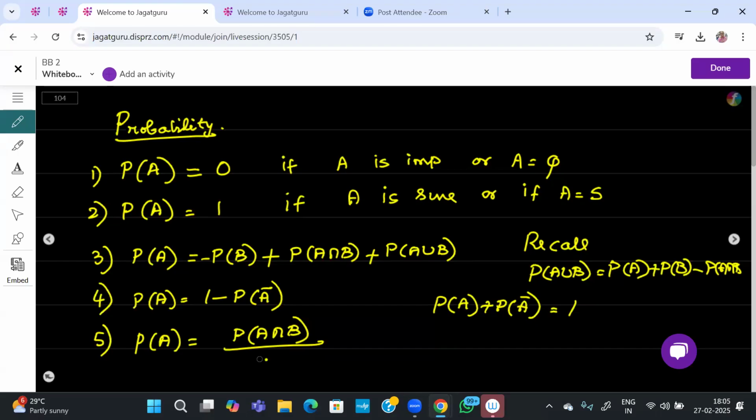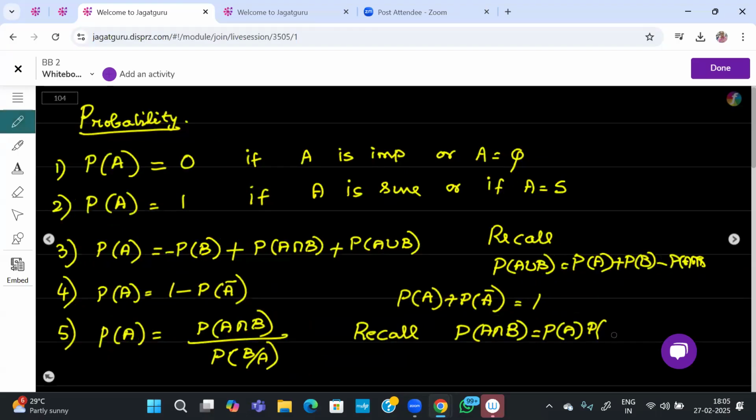P of B given A. Very good, Sukidra. I was waiting for this. This is actually from the idea that P(A intersection B) is given by P(A) into P(B given A). I hope all of you are aware of this. From this only I'm getting that.